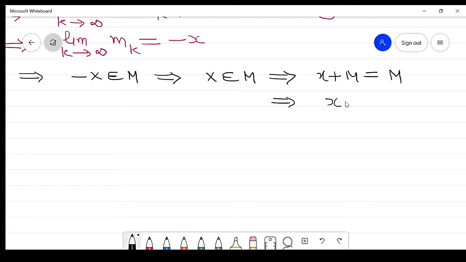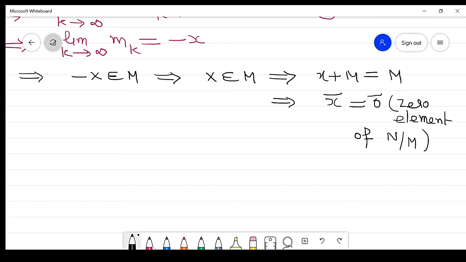So this is x bar, and this is 0 bar. We can also say that it is the 0 element of N by M, right? So remember this. It is the first part of the result: if the norm is equal to 0, then x plus M, meaning x bar, is equal to 0. Now the reverse part.